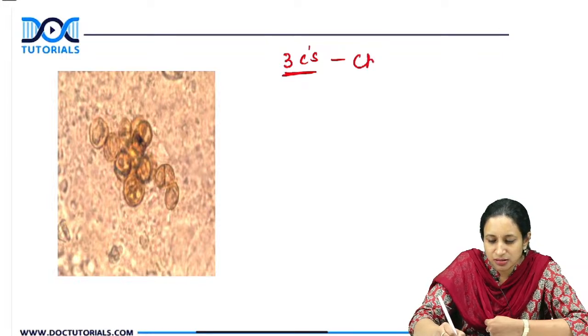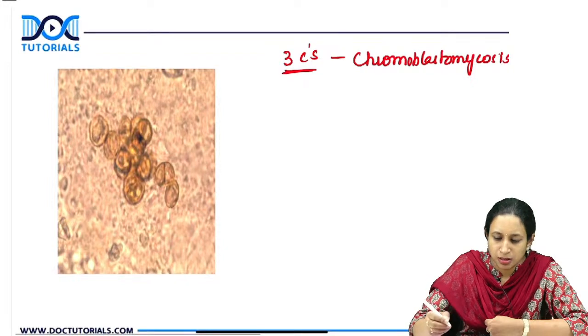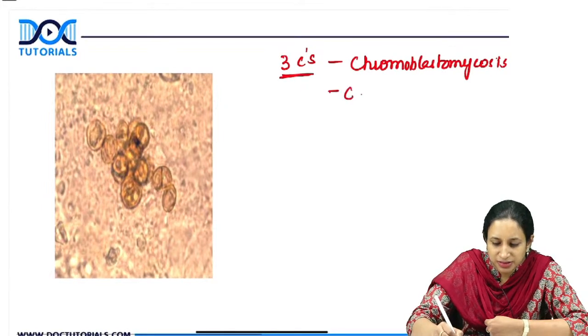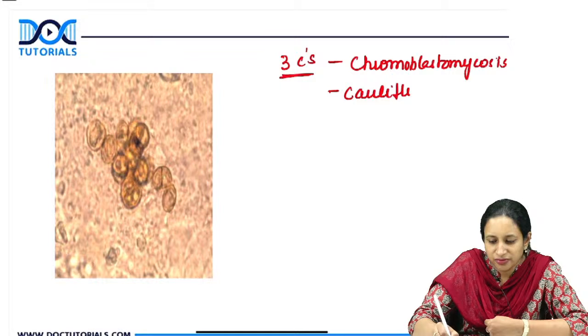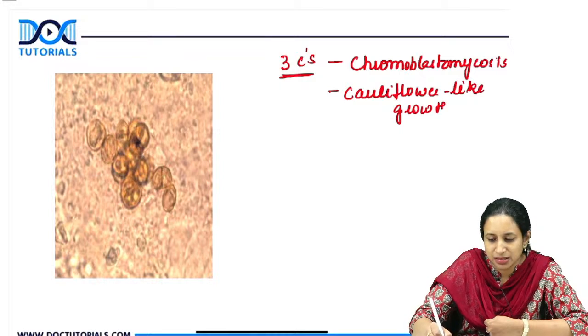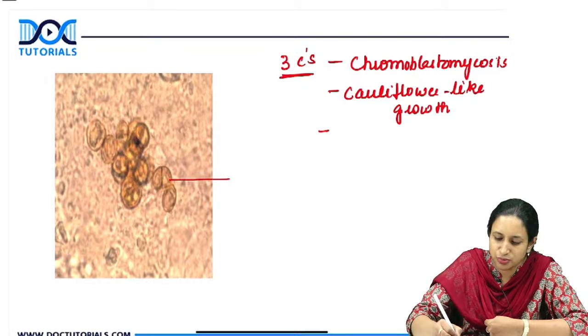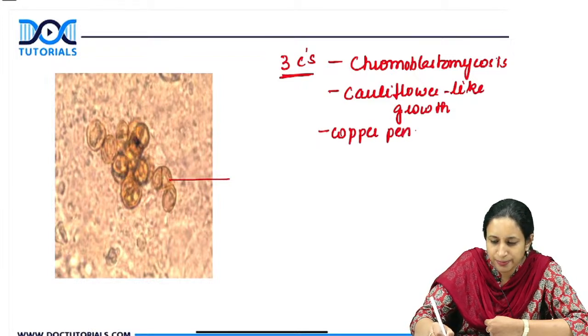One, it is the condition chromoblastomycosis. The other C to remember is cauliflower-like growth. And the third important one is this typical appearance that you see, which is called copper penny appearance.